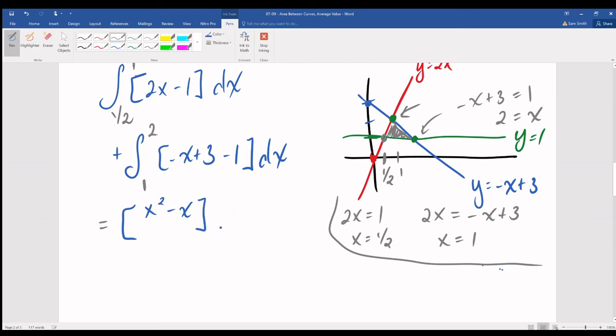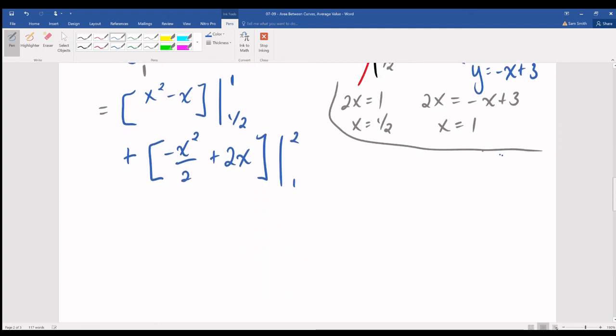And we would be evaluating that from 1/2 to 1. And then for the area of the second part of the triangle, we would have an antiderivative of negative x squared over 2, and the plus 3 minus 1 would combine to a plus 2, whose antiderivative is 2x.